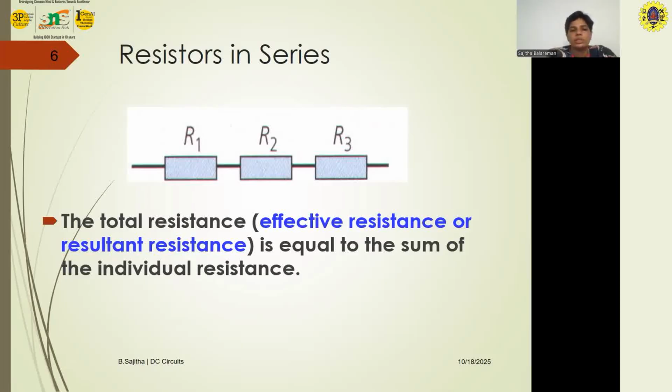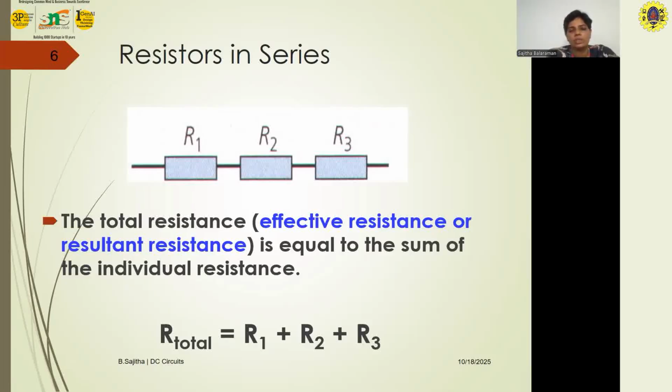The total resistance here is the effective or resultant resistance, which is equal to the sum of the individual resistances. R total is equal to R1 plus R2 plus R3, just the summation of the resistors connected in series.